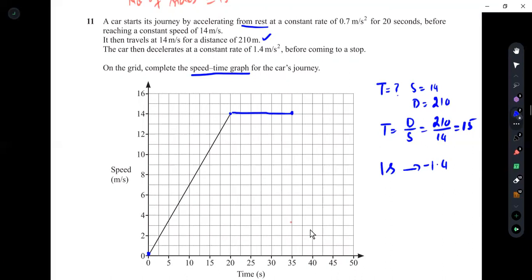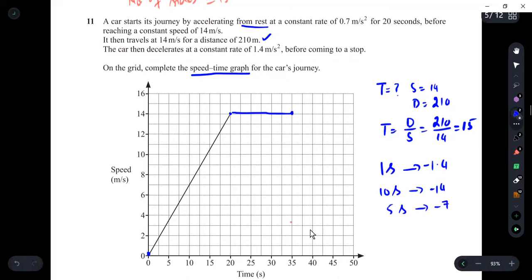So in 10 seconds, you multiply both sides by 10, and we can say in 10 seconds, the speed will decrease by 14. Or if we divide them by 2, we get 7. It means in the next 5 seconds, the speed will decrease by 7. Any of these can be used.